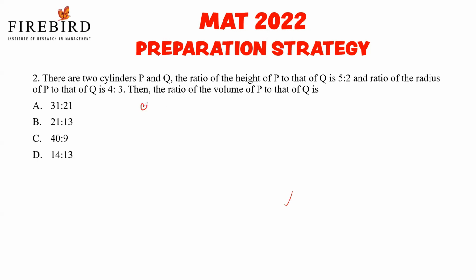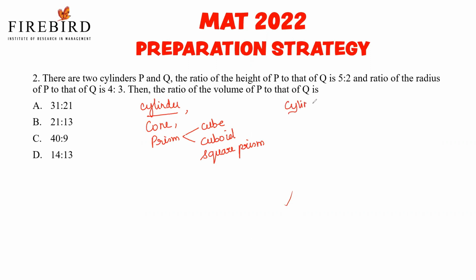When it comes to cylinders, you should know the basic formulas for cylinder, cone, and prism. In case of prism, cube, cuboid, square prism, you should know some basic concepts. If you take a cylinder, the volume of a cylinder is pi r square h.